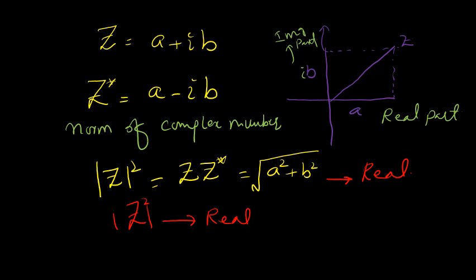Now here we have another identity which is very useful in the case of complex numbers. Let's suppose we have a complex plane, and here a circle of unit radius. Here is our complex number z, making an angle theta, on a circle of radius 1.